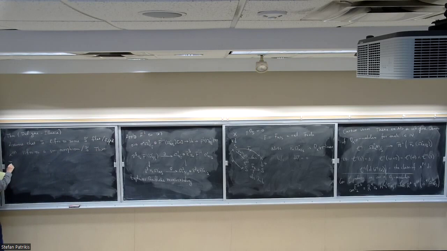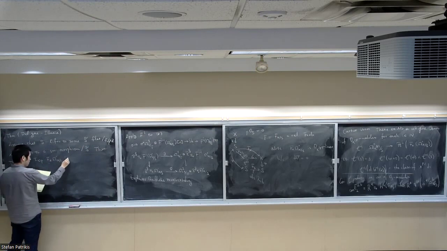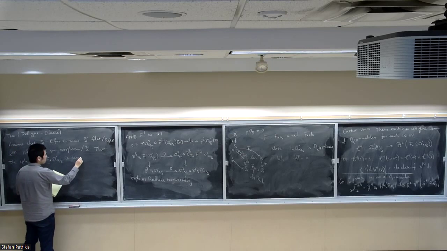Then the complex tau less than p, Frobenius push forward of the structure sheaf is decomposable.